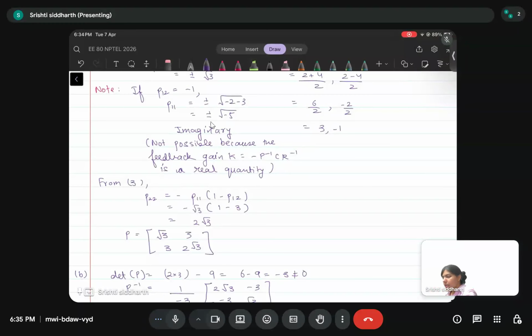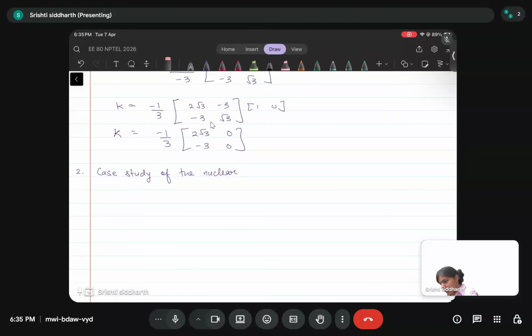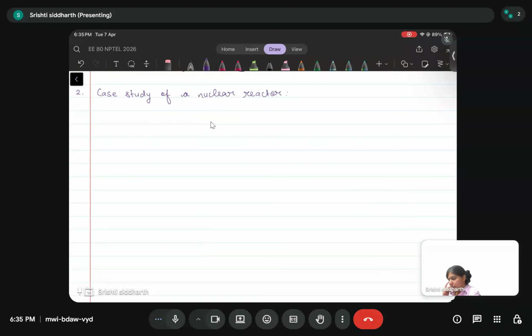All right. Let's move on to the case study of the nuclear reactor. Okay, so this is part 2.1, the linear model.